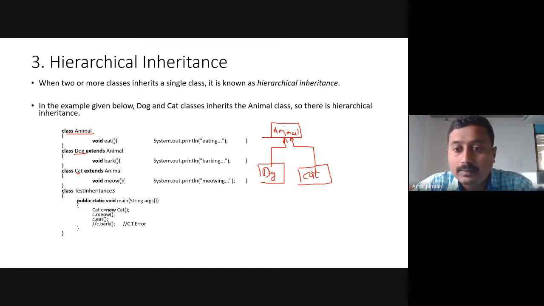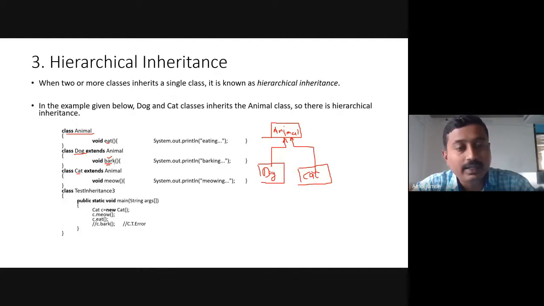Cat. Now they are adding more functionality. So eat, every animal eats, right? So it is there. Dog extends animal. Now what are the specific features dog has other than other animals? Dog has that barking capability, right? So this is a specific code with respect to dog class.